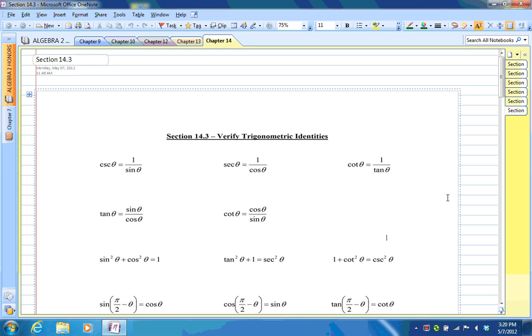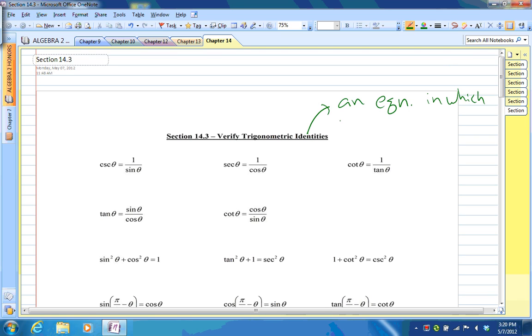An identity is basically an equation in which one expression can be expressed as another expression.